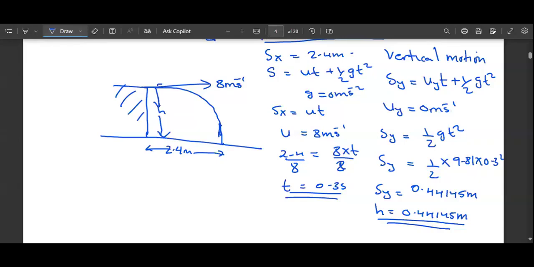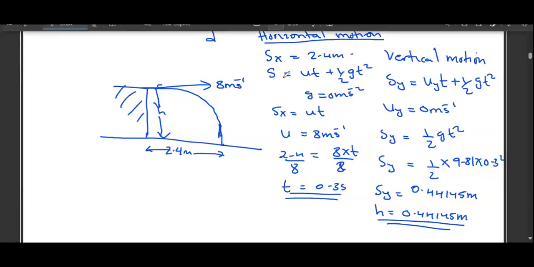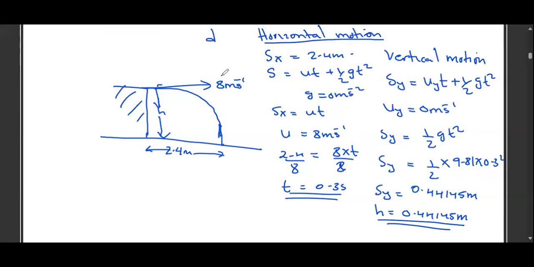Okay, someone has said that we should repeat the solution. Okay, now this is our sketch. I began by looking at the horizontal motion, where the horizontal displacement was given as 2.4. So our Sx is given as 2.4.